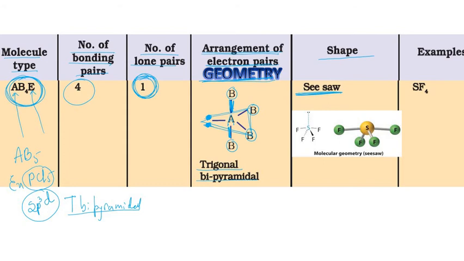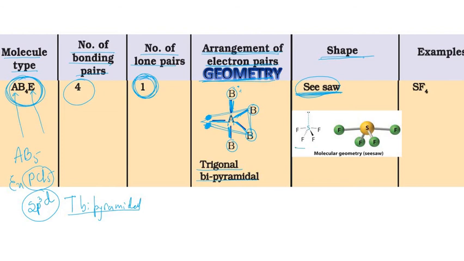The question might be why the lone pair is not present in the axial position. If it were there, it would undergo greater repulsion with the bonding pairs. Therefore, in order to have less repulsion, the lone pair occupies the equatorial position here. And when you see the shape, it is seesaw.